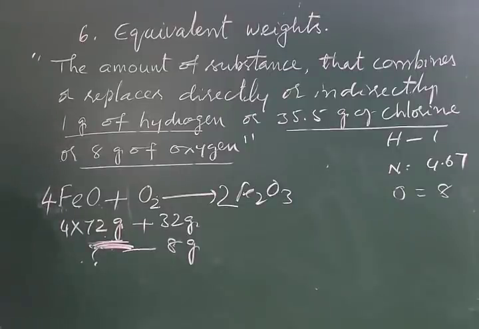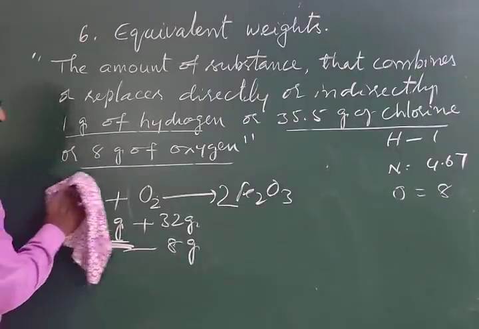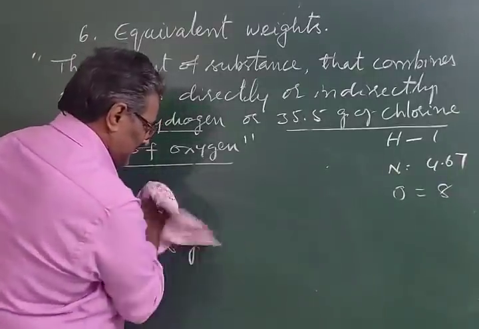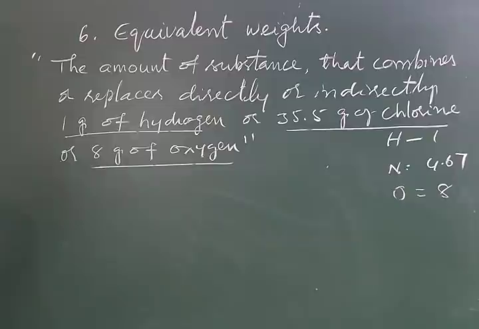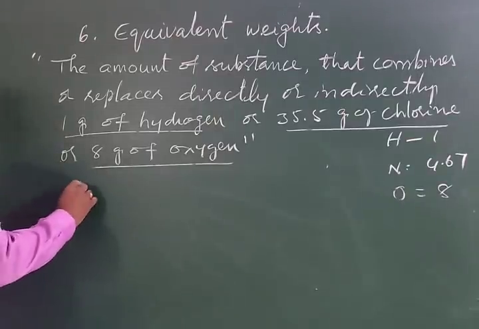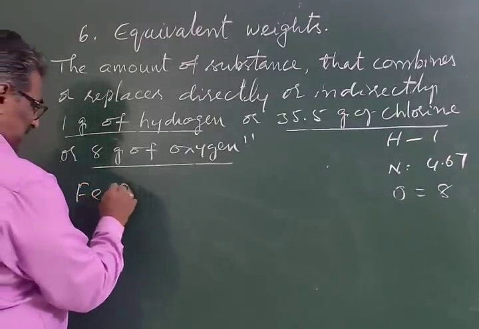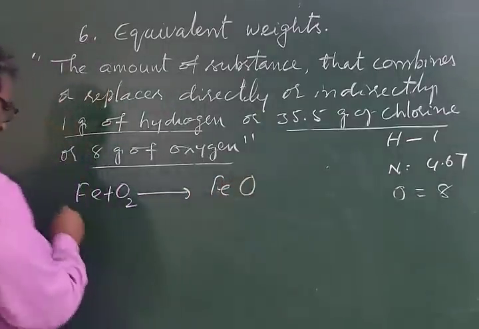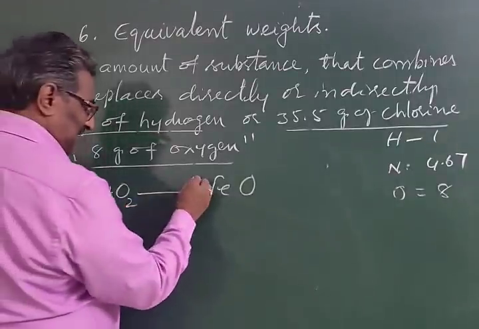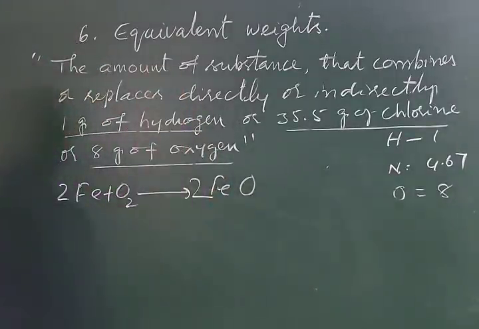Okay? Whereas in the formation of ferrous oxide, when ferrous oxide is formed from oxygen, Fe plus O2 gives rise to FeO. 2Fe plus O2 gives rise to 2FeO.